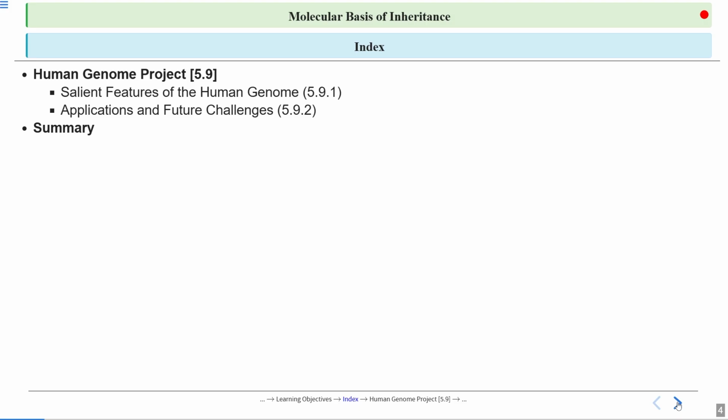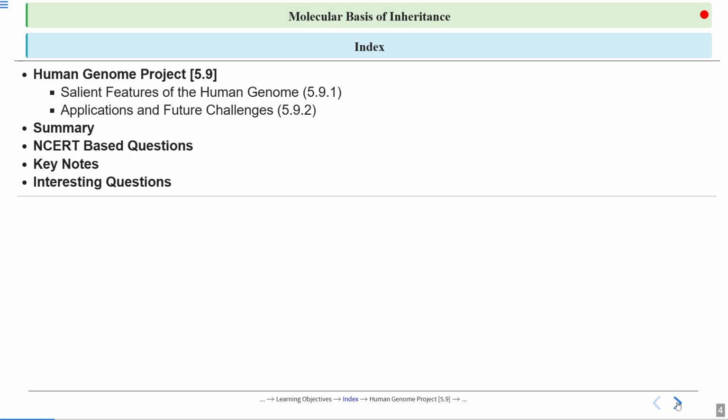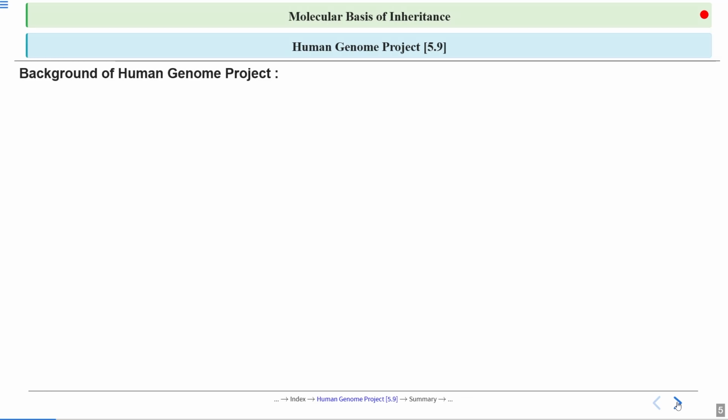Then at the end, after we study these sections, we will give a summary of the different concepts we have studied in today's class. Then there will be some NCERT-based questions that we will solve, followed by keynotes, and last we will end with interesting questions which you will solve yourself. And after this slide, as we always do, we will solve the TPP for this particular section. So let's start with today's class.